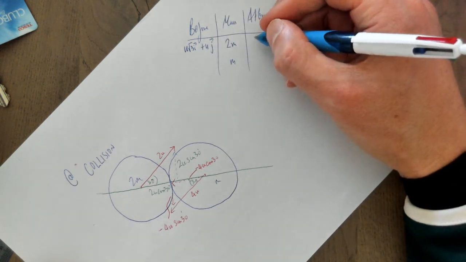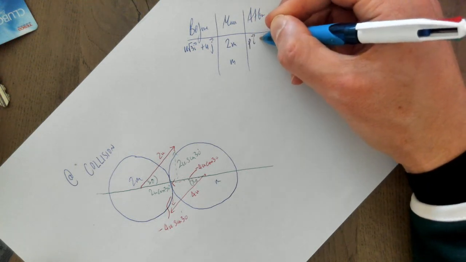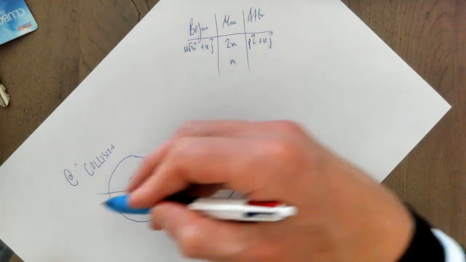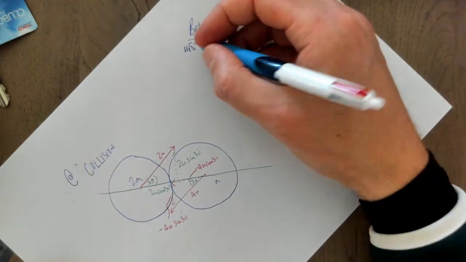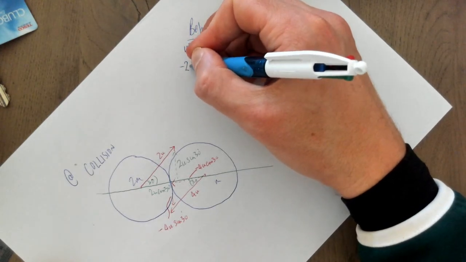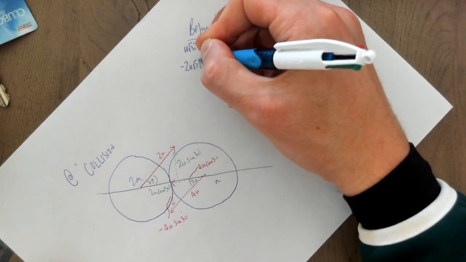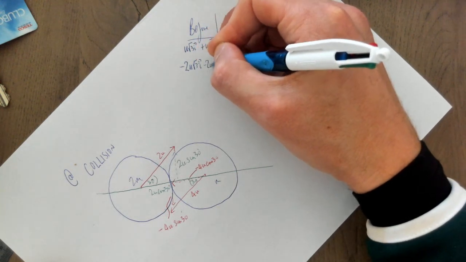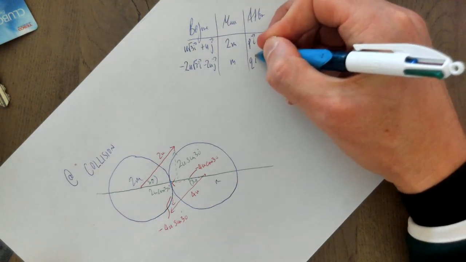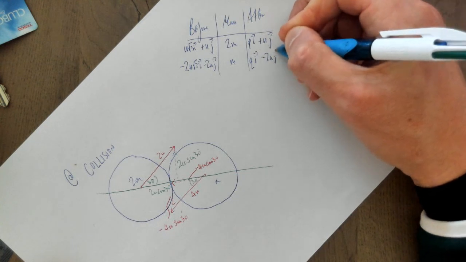The j component afterwards is p i plus uj, because the j component doesn't change since we've taken this as our i-axis. Similarly, when you work out the other one, it becomes 2u root 3 i minus 2uj. Then we have qi, q is the unknown, minus 2uj.